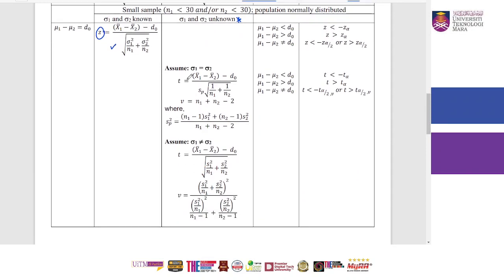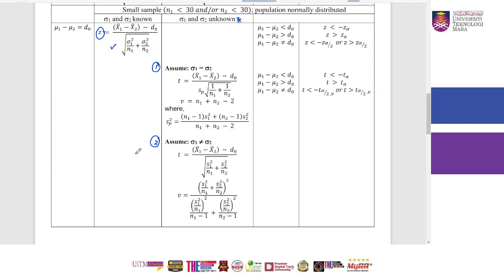So you have two situations here. This first situation is where you assume the variance, the population standard deviation is equal, ataupun the variance are equal. And the second one, we assume that the variance are unequal. Okay. So dia tak straightforward. Kalau yang sebelum ni kita terus straightforward boleh kirakan Z values, right?